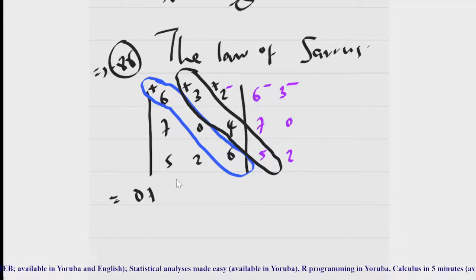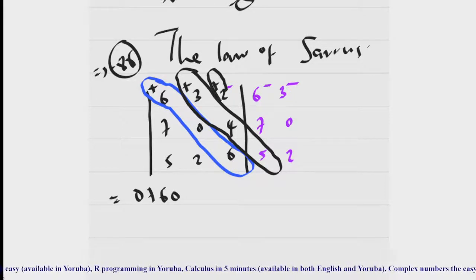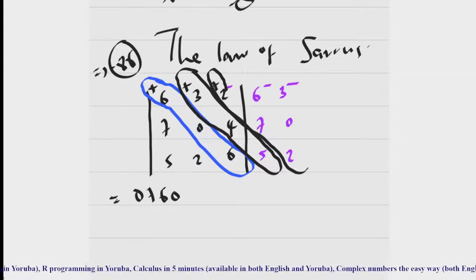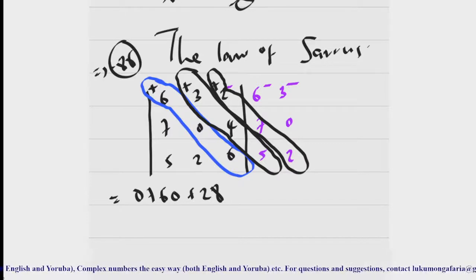That will be plus 3 times 4 times 5. 3 times 4 is 12 times 5, that is 60. Then you do it for this one as well. I hope you understand. That's 2 times 7, 14, times 2, that's 28, plus 28. We are done with positive.